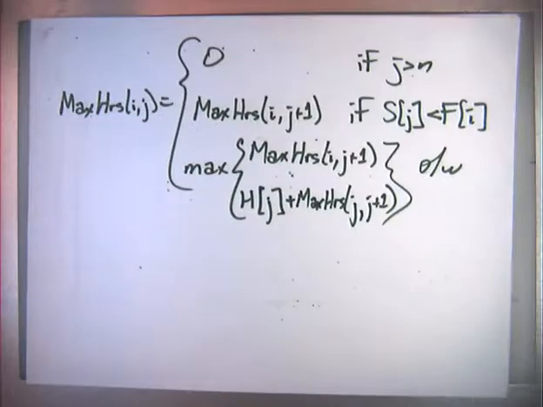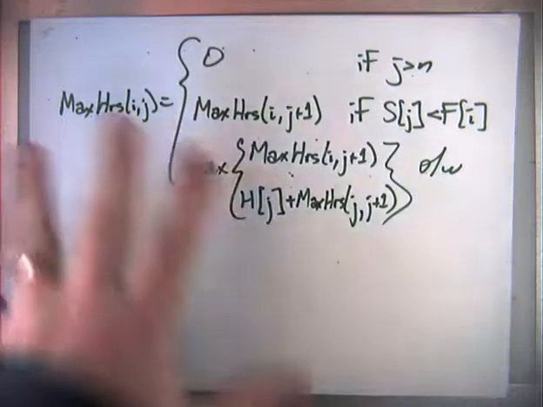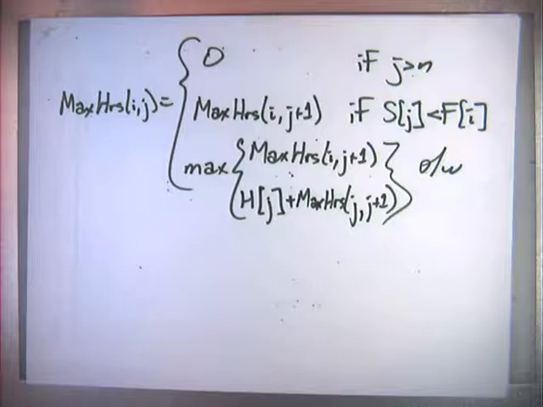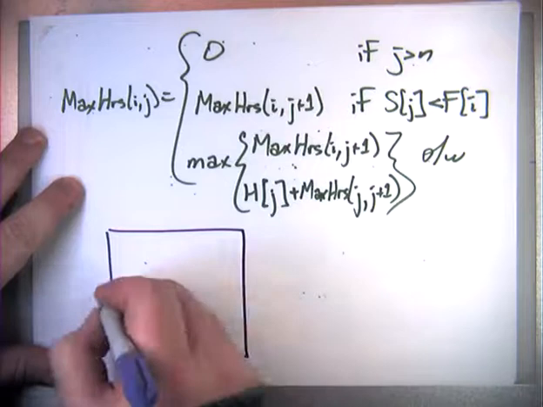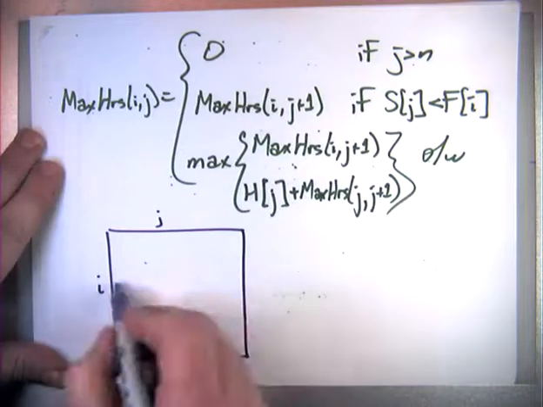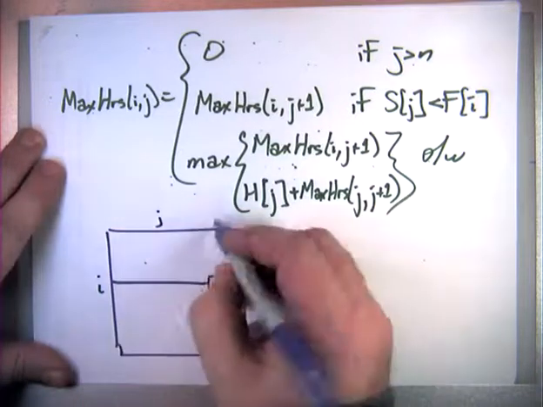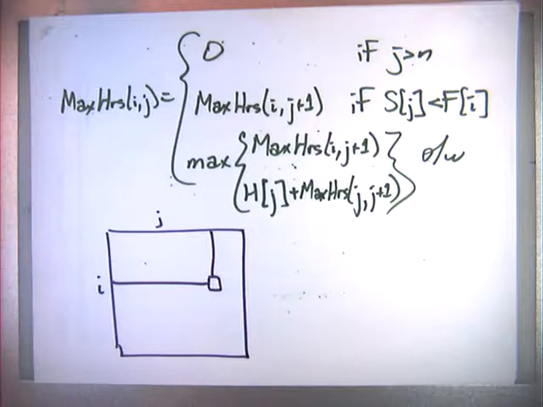Now I literally put aside the definition of this and just look at this as a recurrence without thinking about what it means. How would I memoize this? I need a 2D array indexed by i and j. It just so happens that i is always going to be less than j, but whatever, right?